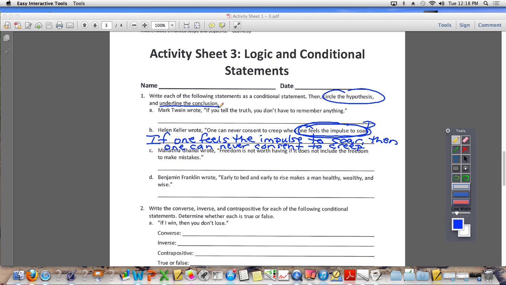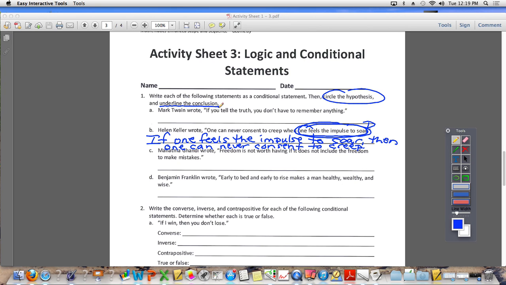What are they talking about? They're talking about freedom. I think it should read, if freedom does not include the freedom to make mistakes, then it is not worth having. I know that sounds awkward, but I can't find a better way to come up with wording to write it in if-then form.